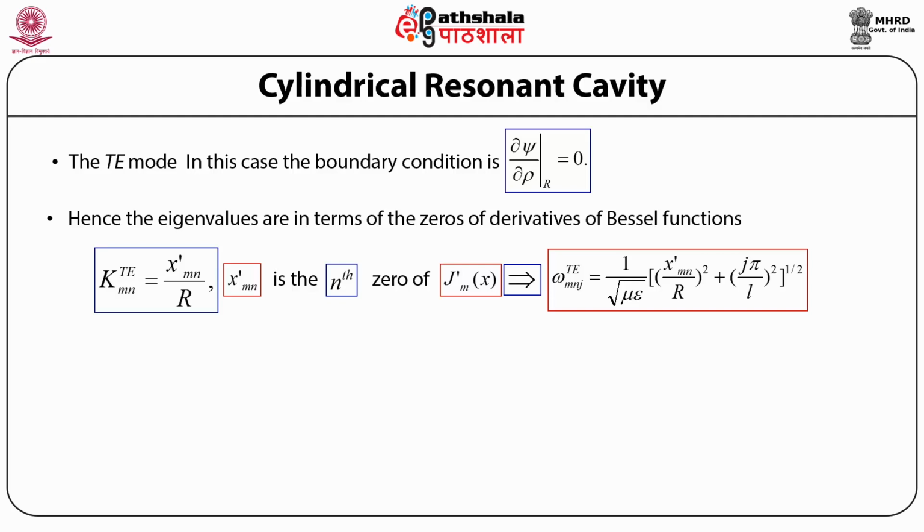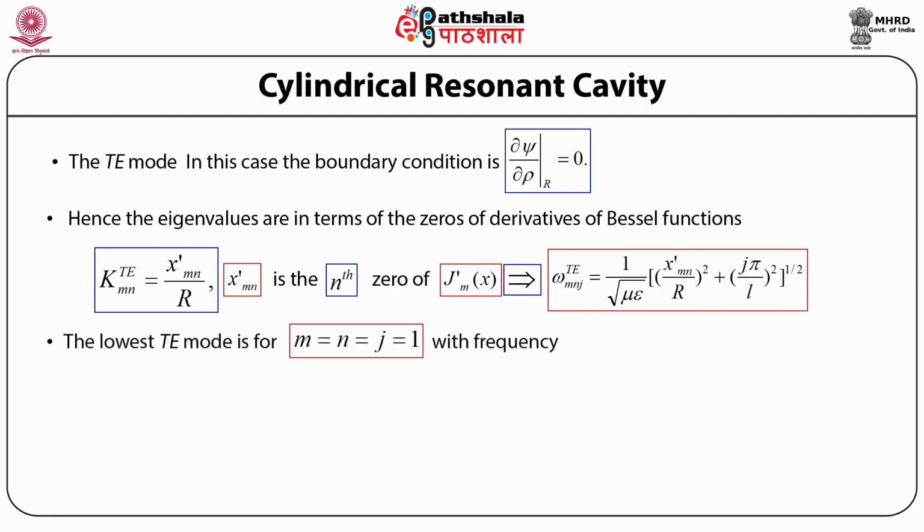function of x, and the resonant frequency can be given as omega subscript mnj superscript TE is equal to 1 upon under root mu epsilon, whole times bracket open (x prime subscript mn by capital R) whole square plus (j times pi by L) whole square, bracket close, whole to the power half.